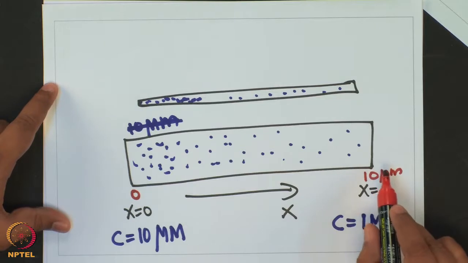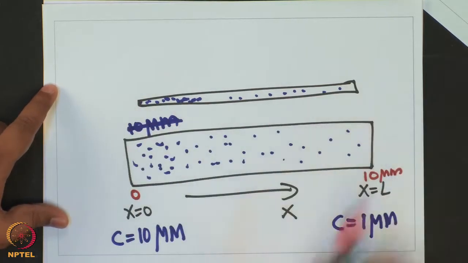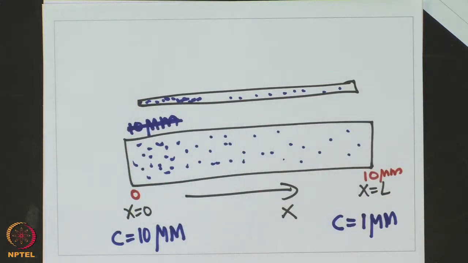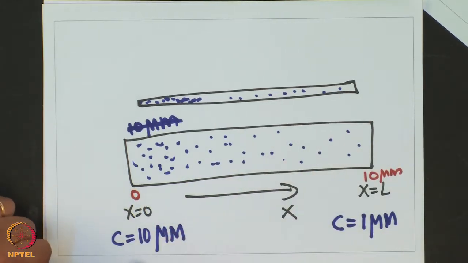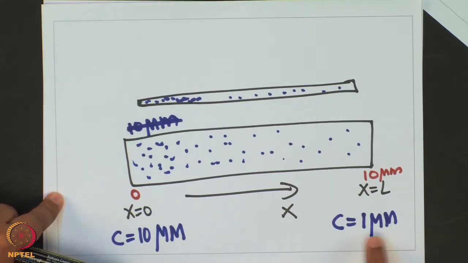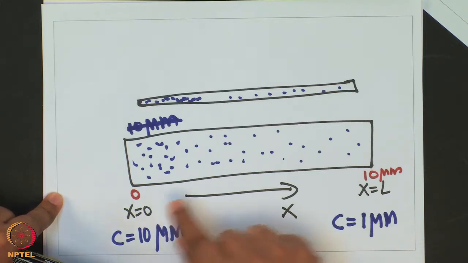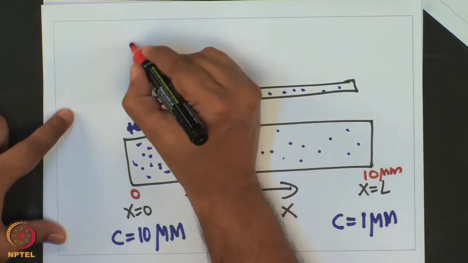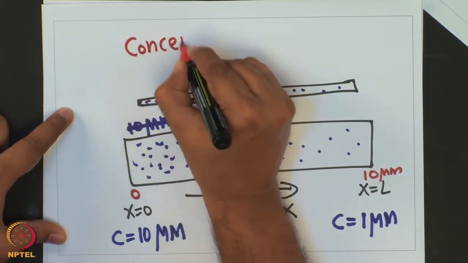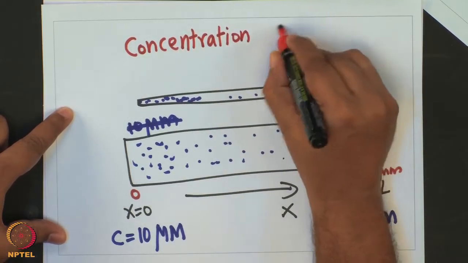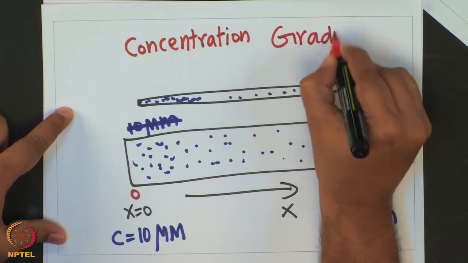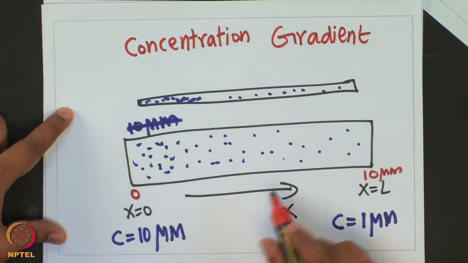So you have a 10 micrometer long thin tube, which is like if you imagine a cell like a thin tube like this, and you have a gradient of concentration which goes from 10 micromolar to 1 micromolar. Such things are called concentration gradients. What does that mean?